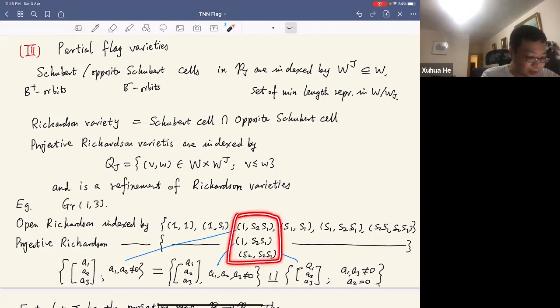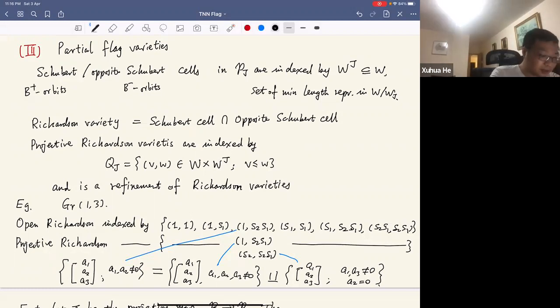So in fact, the open Wilson variety in the partial flag indexed by 1, S2, S1 decomposes as the union of these two projective Wilsons. If you write this explicitly, this 1, S2, S1 is two-dimensional, and corresponds to these lines A1, A2, A3. Sorry, there's a typo. So here the condition is that A1 and A3 are non-zero.